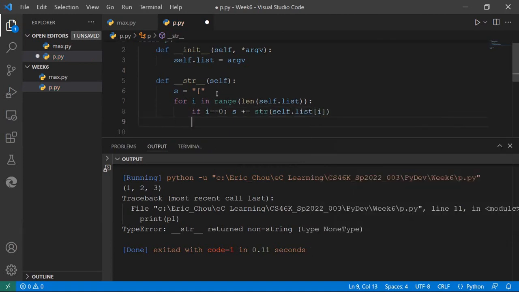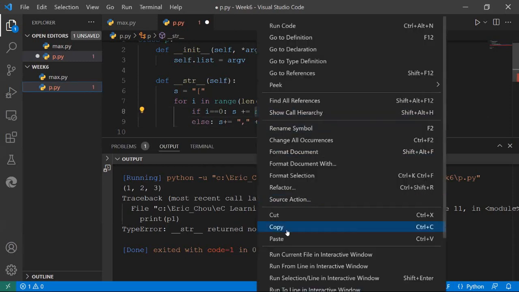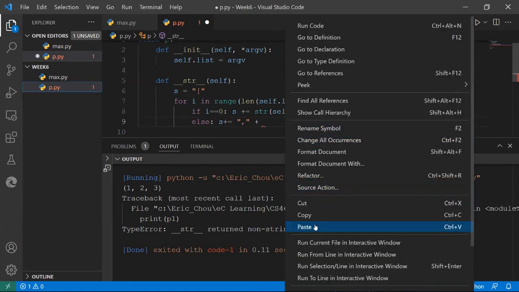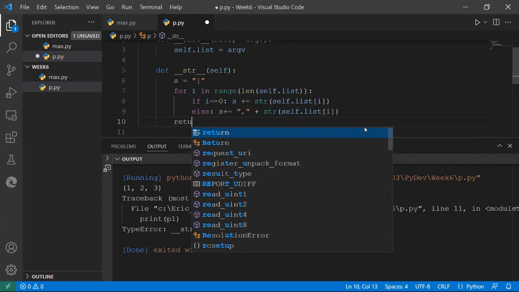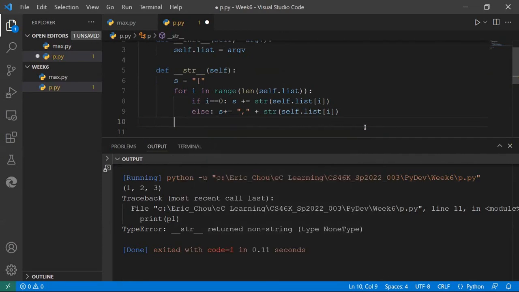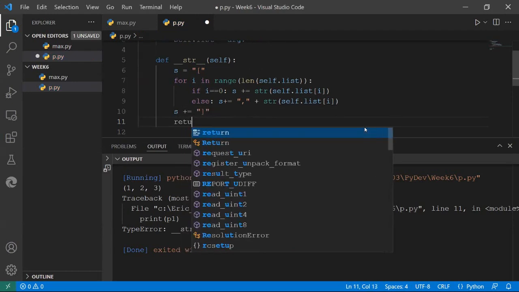Else we do s plus equals comma plus this thing. You need to return a string, so I make a string at the end. So s plus equals the right side bracket, and then return s.